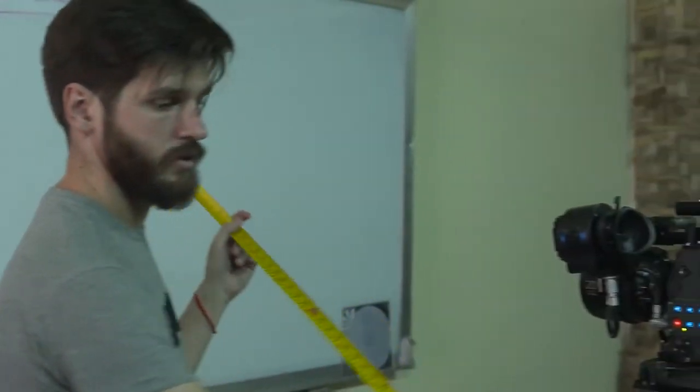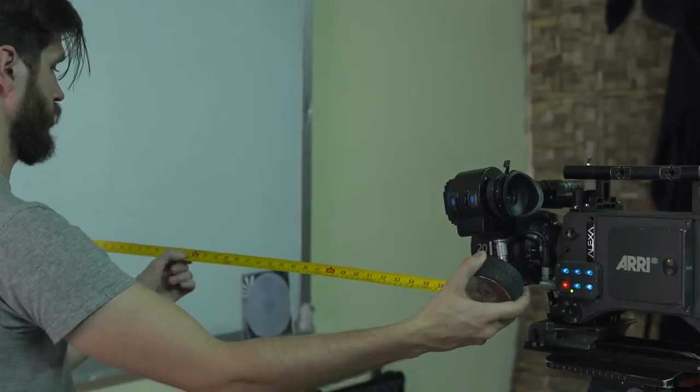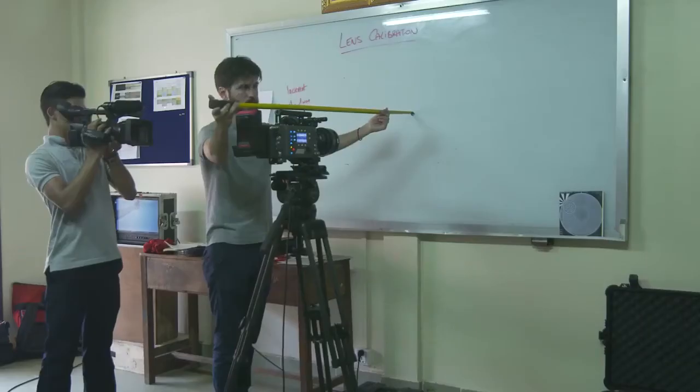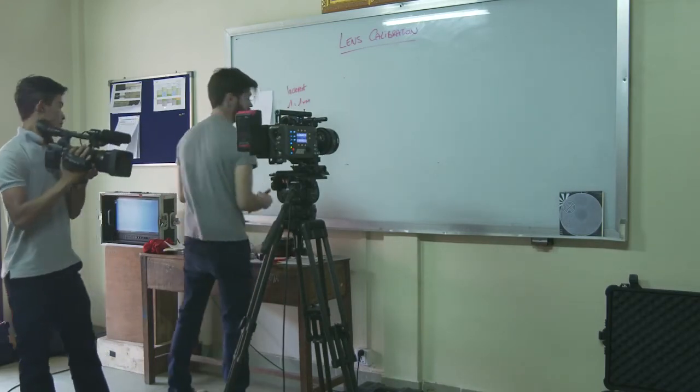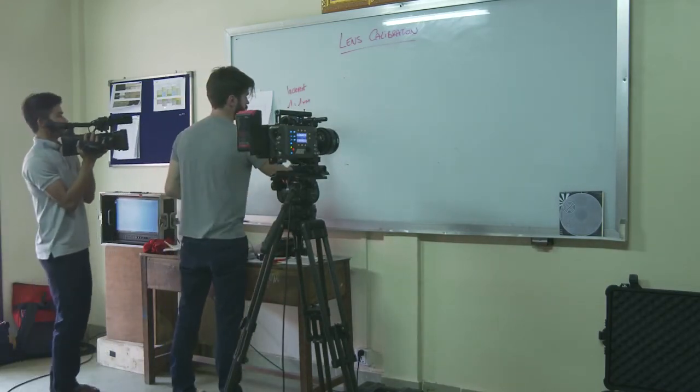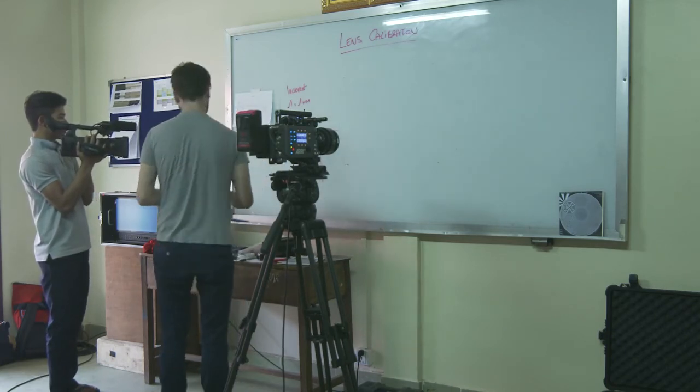So now I have to be at 0.9 meters. So I take my measurement tool. So here I am perfectly at 19 millimeters. But I have to verify that I am perfectly perpendicular to the wall.